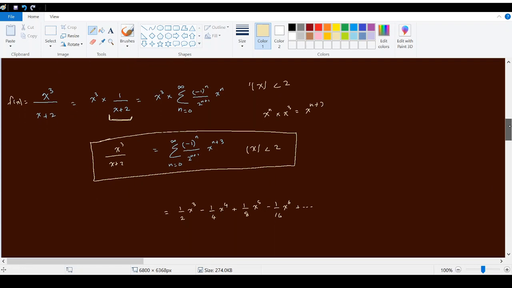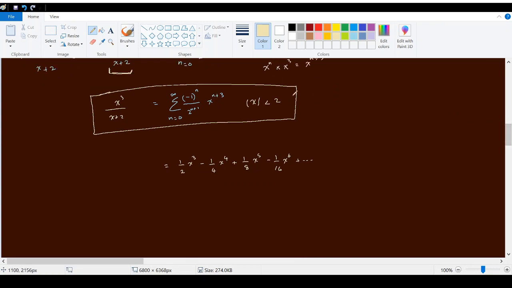Okay, and I need to teach you one more thing related with this series representations. That is called shifting of the index. That's a very small thing. Now when you expand this series, you will get terms like this. But now you can see that within the series representation you have an x to the power n plus 3 term.